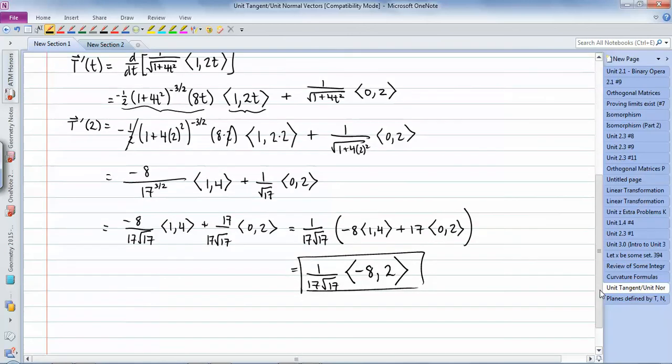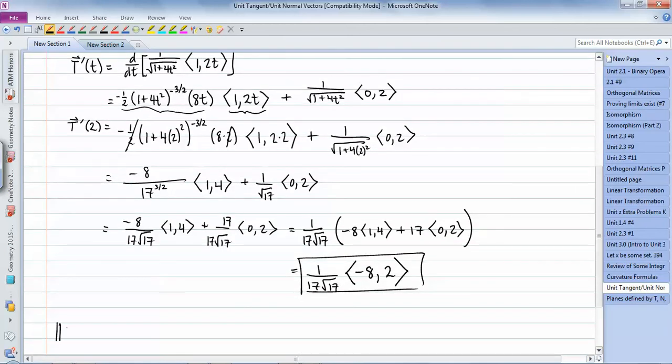Now if I wanted to figure out its length, I can leave that constant out in front because it's really just the length of that vector times this constant. So that's going to be 1 over 17 root 17 times the length of <negative 8, 2>. So negative 8 squared plus 2 squared, that's 64 plus 4, so 68.